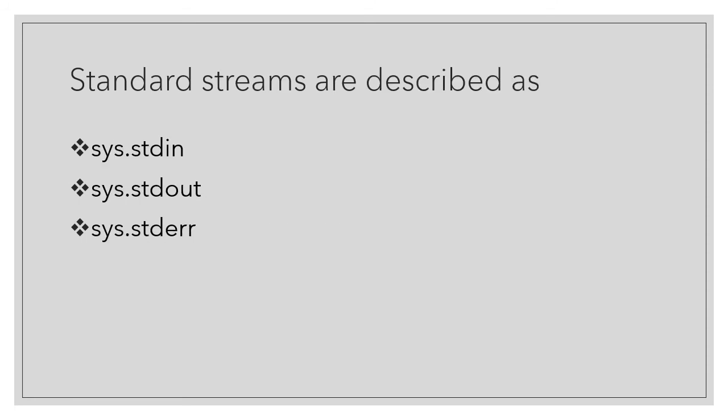The standard streams are described here in three ways. These standard streams are nothing but file objects, which get automatically connected to your program's standard devices. When we start Python, in order to work with standard input-output streams, we need to import the sys module, that means the system module.